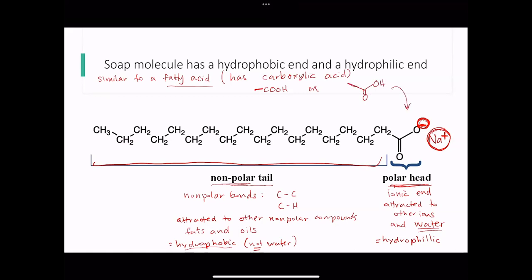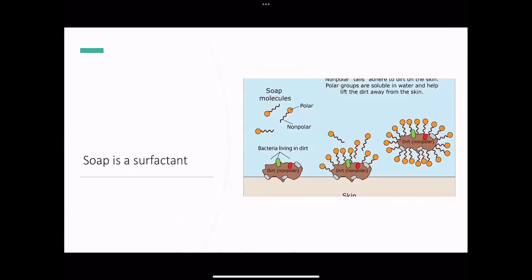That's very similar to the soap molecule, which has the double bond oxygen and single bond oxygen with a negative charge. What the soap molecule does not have is a hydrogen, but it does have this ionic end, the negative charge and the positive charge. Why is that so similar? It's because the soap molecule originates from a fatty acid starting point. That's a fatty acid reactant in the reactants.